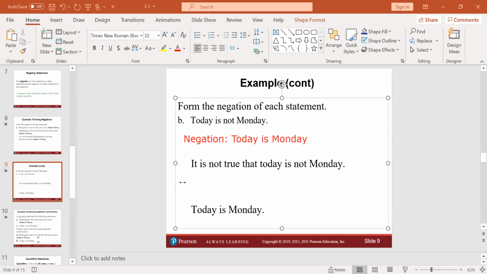Very simple. Now the next one, it's not always just put the word not in there and suddenly it's a negation, or take away the word not. You have to really be sensitive to what you're reading. You have to really be careful and hone in on what you're reading and just take the opposite stance. Even if you use a slightly different wording, that's okay. As long as the sentiment is there, it's logically the same.